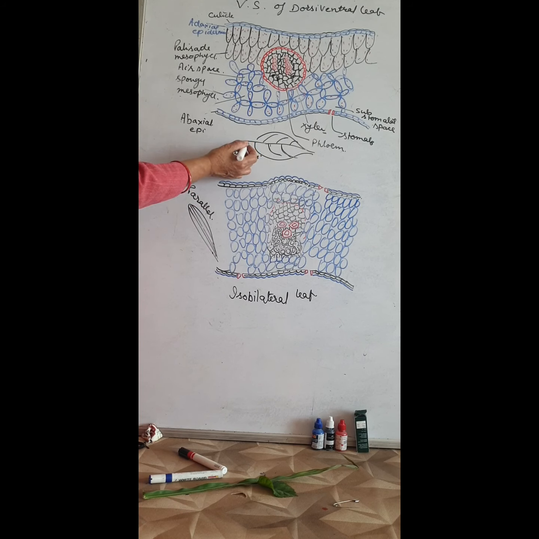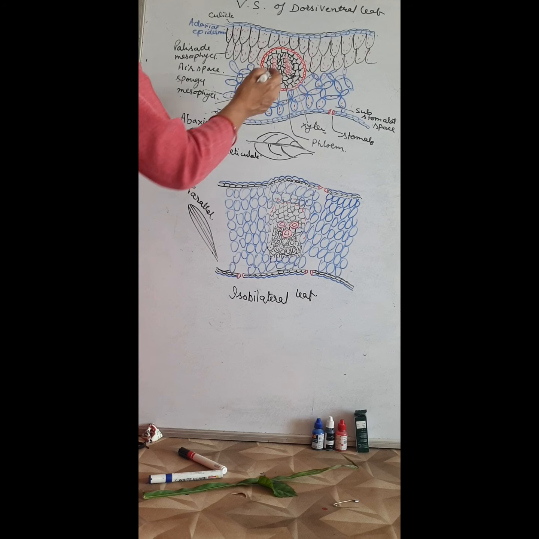The veins vary in thickness because this one is the thickest one, and these are thinner than the midrib. The little veins are thinner than the midrib.